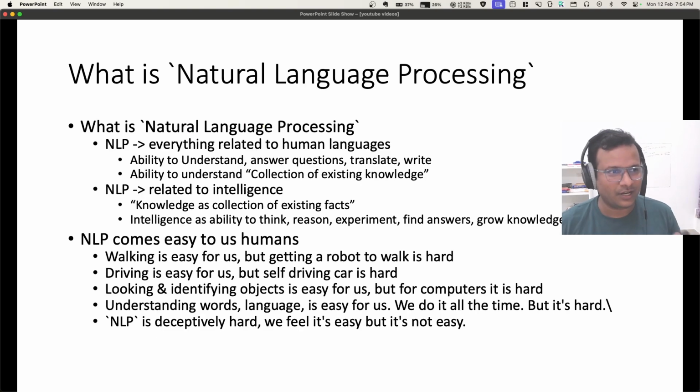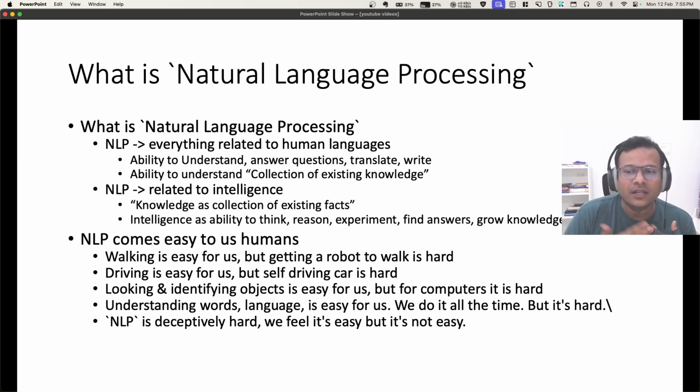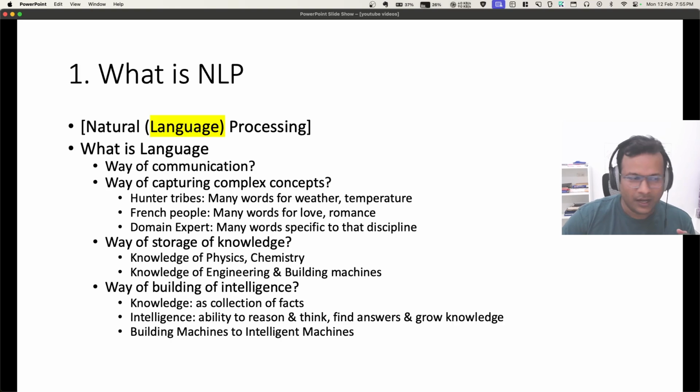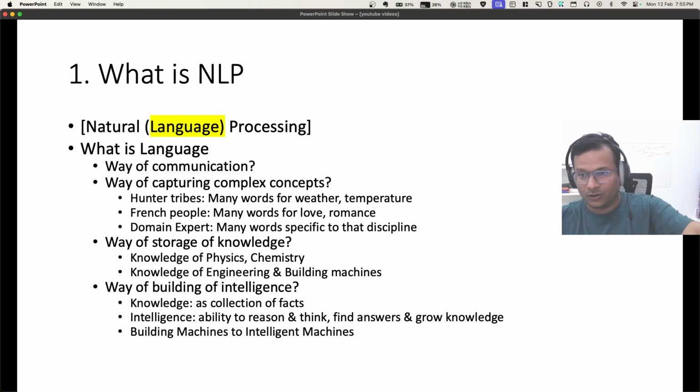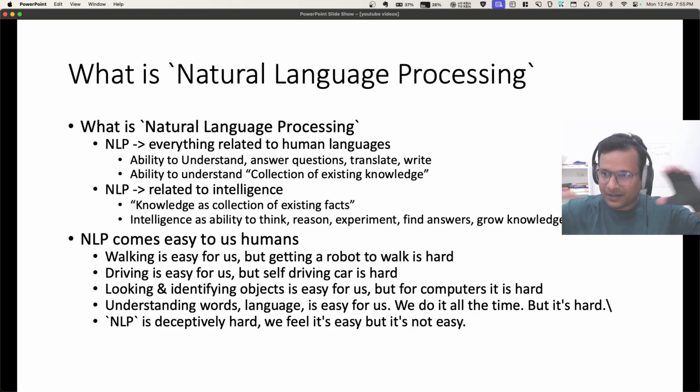So what is natural language processing? Natural language processing is everything related to human languages. It goes beyond just a collection of facts. It goes so much beyond that, but it's a starting place. So everything to do with human languages: the ability to understand what is being spoken, the ability to communicate your intention, the ability to collaborate.